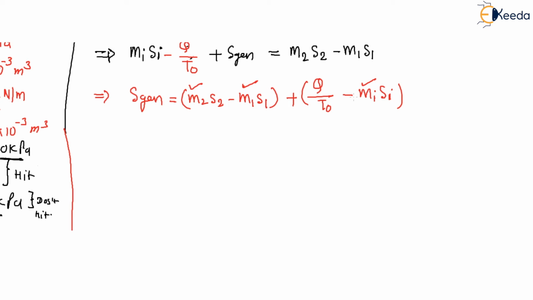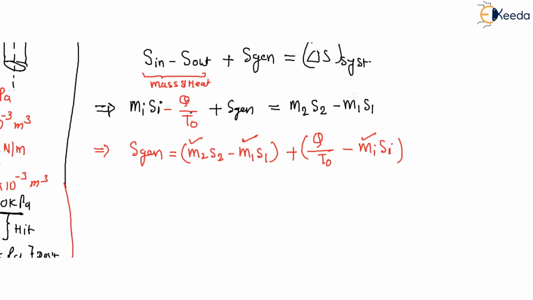Now S2 and S1, how to calculate them? S2, S1 and Si you calculate from the air table at the given conditions.